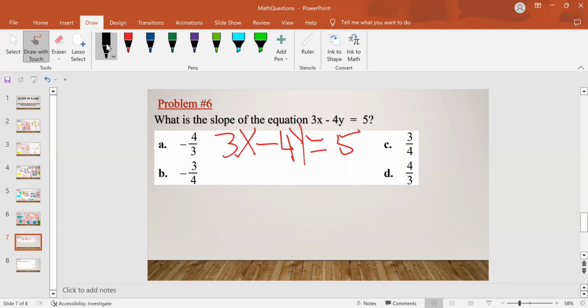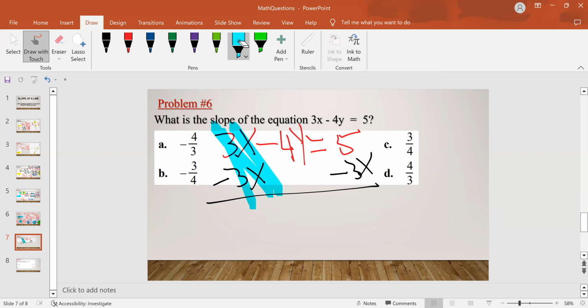So I'm going to subtract 3x on both sides. This is going to cancel out because positive 3x and negative 3x are gone. So what's left? We have negative 4y is equal to, and here is something important, we have a 5 and we also have a negative 3x.